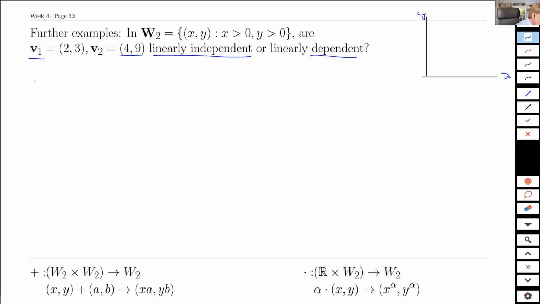What we're asking is, does alpha 1 v1 plus alpha 2 v2 equals the 0 vector have a non-zero alpha 1 or alpha 2 solution?